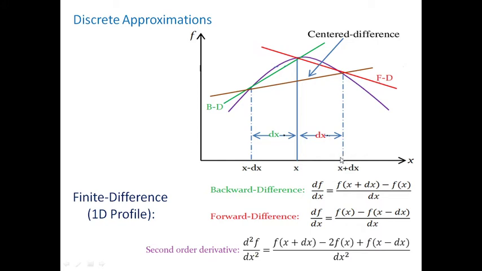So it is a difference of this point with this point: f of x plus dx minus f of x, minus f of x minus f of x minus dx, all over dx square. Here I am just doing the backward difference minus the forward difference.